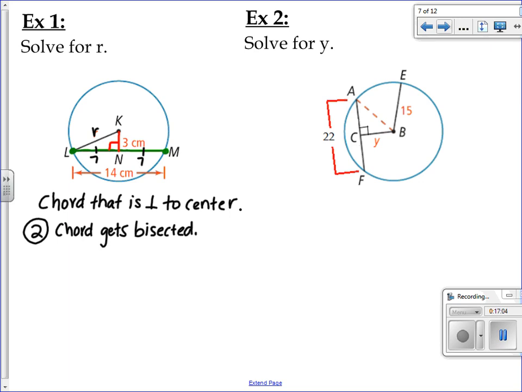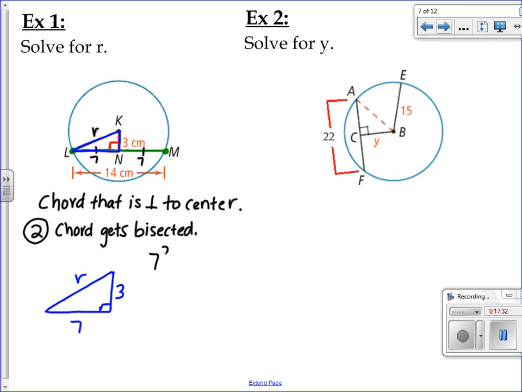So now that I know part of my chord is 7, how does that help us find R? Do you notice any shape that is inside of the circle? We have a right triangle. So if you have a right triangle and you have one missing side, how can we find the missing side? We can just use the Pythagorean theorem.